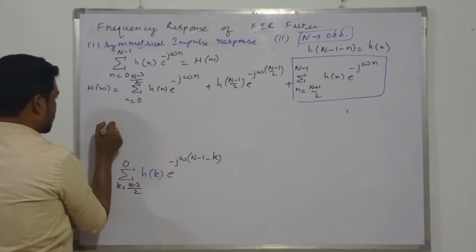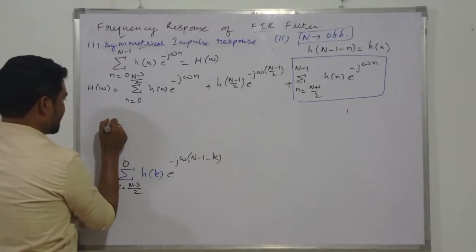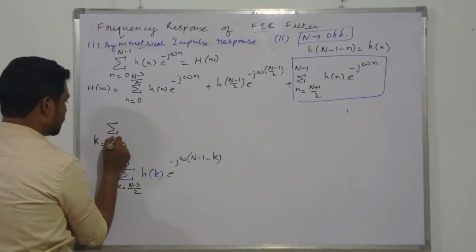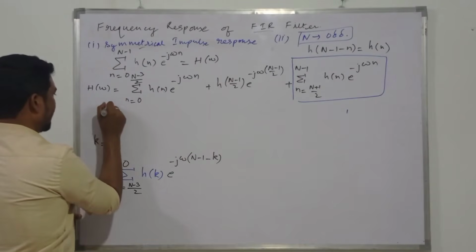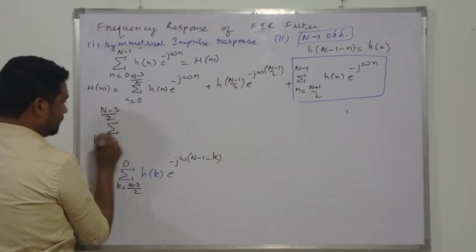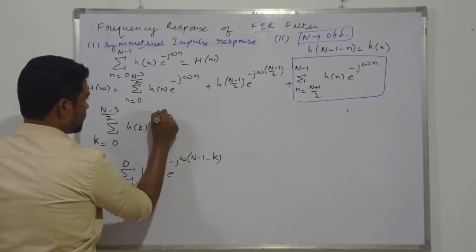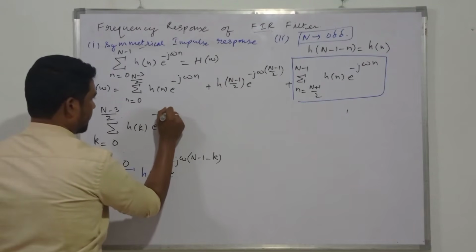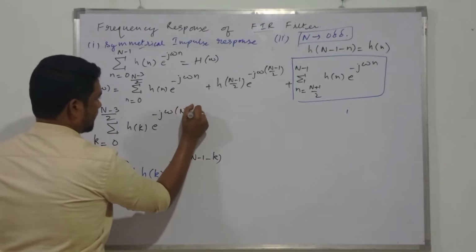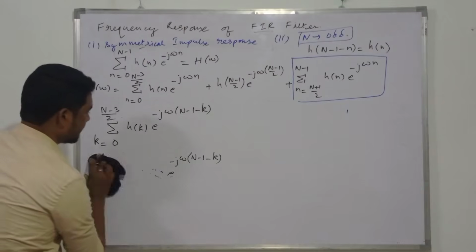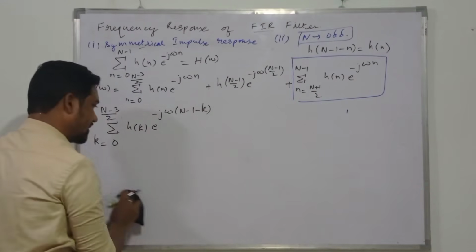So this could be rewritten again as summation k equal to 0 to (N-3)/2 of h of k e raised to minus j omega (N-1-k).